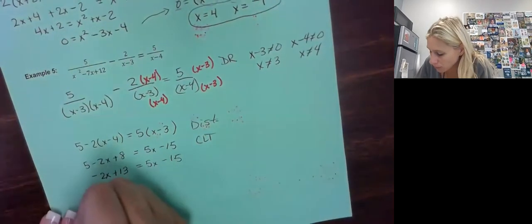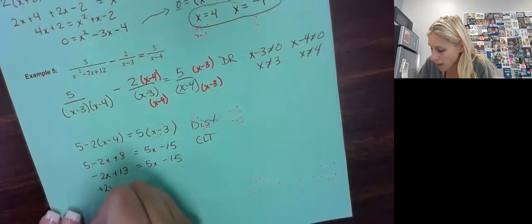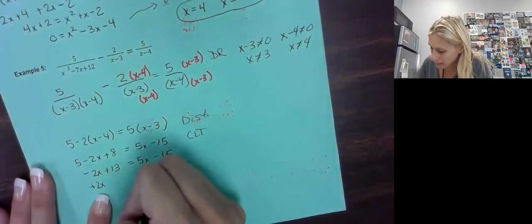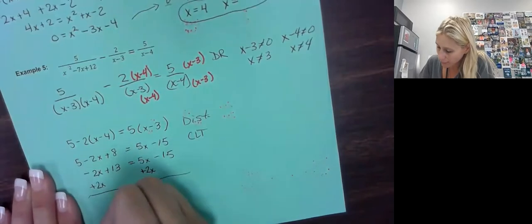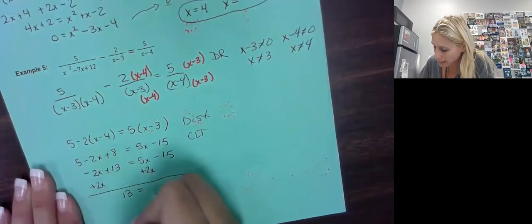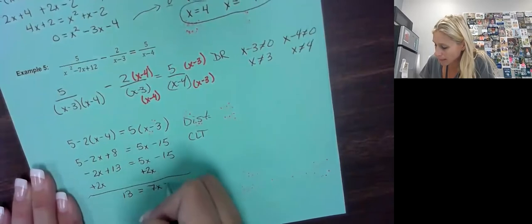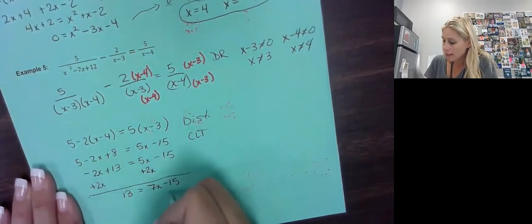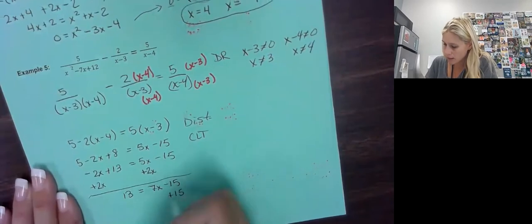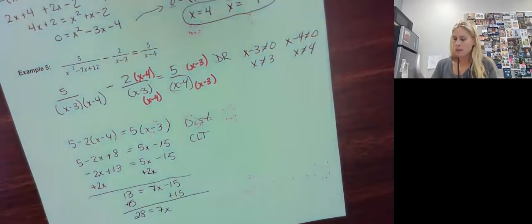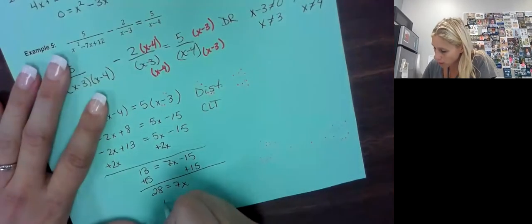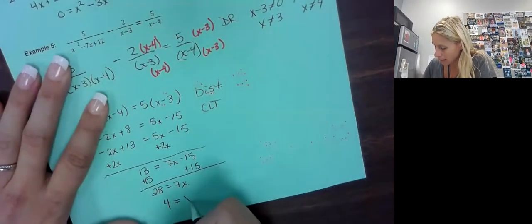So what I'm going to do is move this 2x to the right side, leaving us 13 equals 7x minus 15. Then I have to move that 15 over, right? So we get 28 equals 7x. Divide by 7, we get 4 equals x.